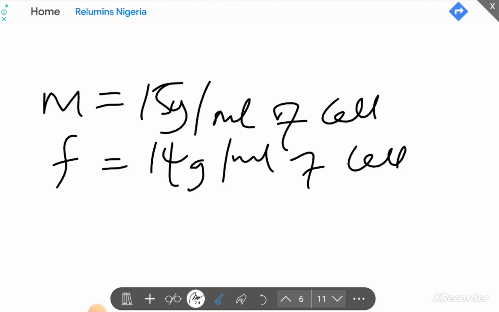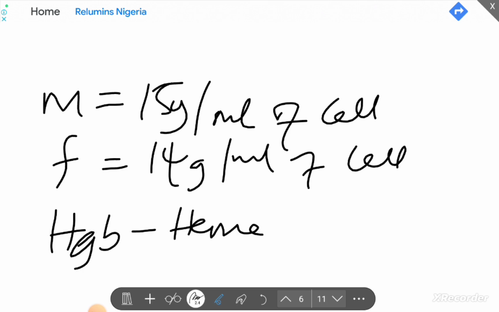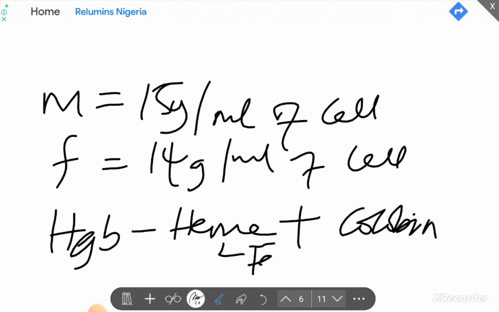So when you check the structure of hemoglobin, there is heme plus globin. The heme is made up of iron plus the pyrrole ring, protoporphyrin 9.